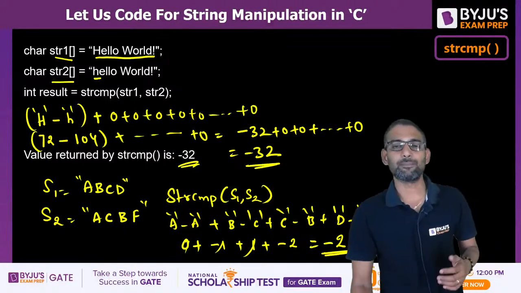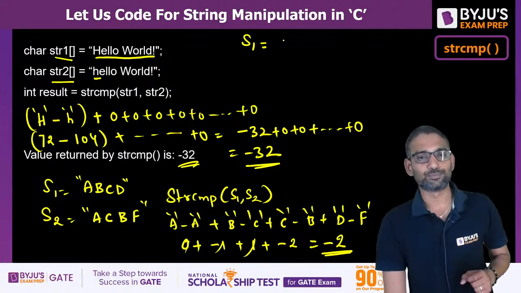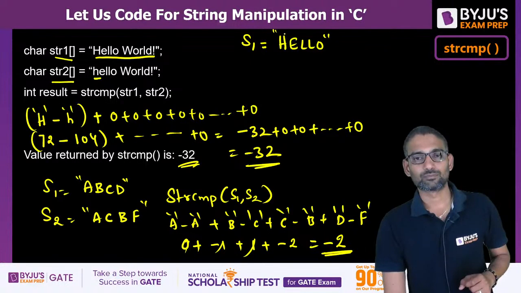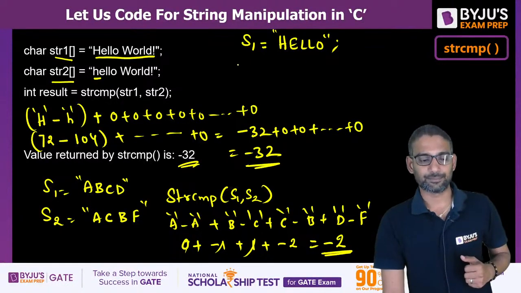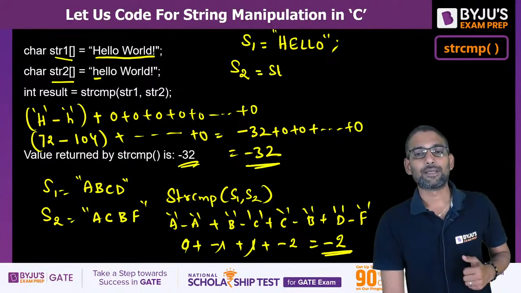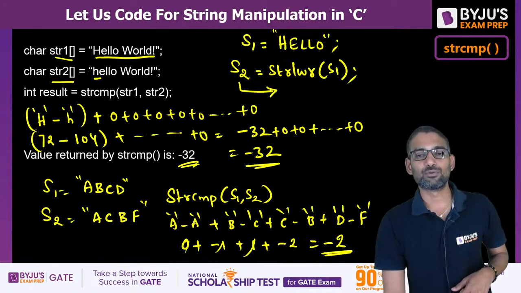In the same way, suppose S1 is equal to hello. I have given all uppercase characters. And if I write S2 is equal to strlwr of S1, what would be S2?